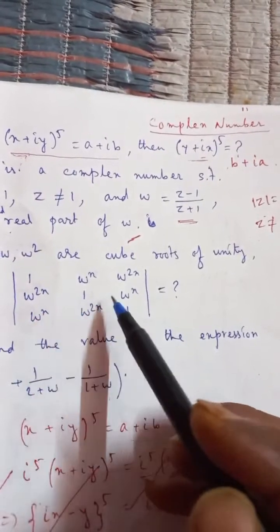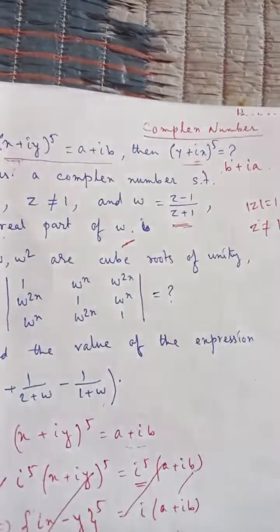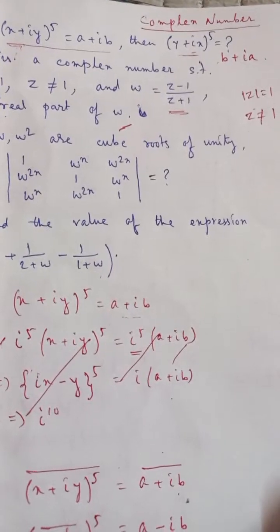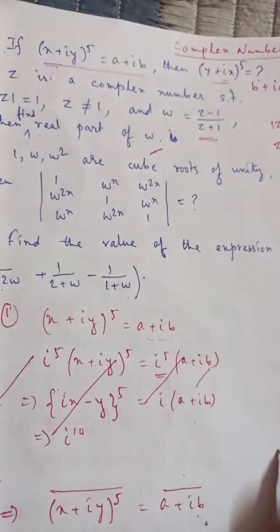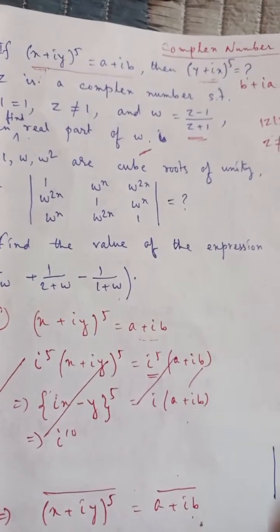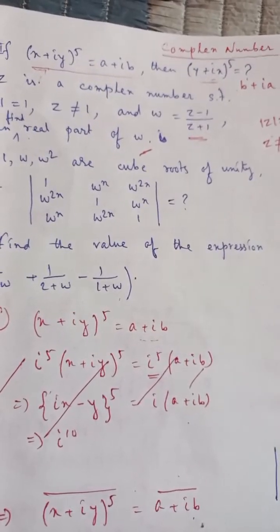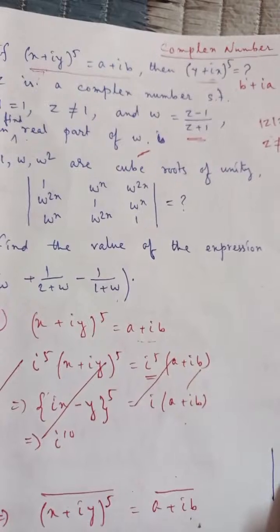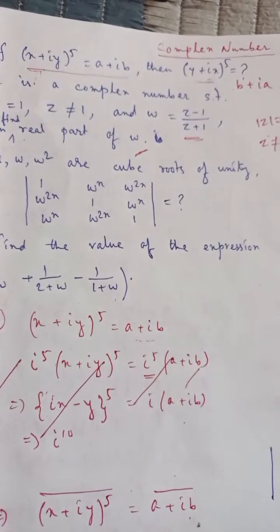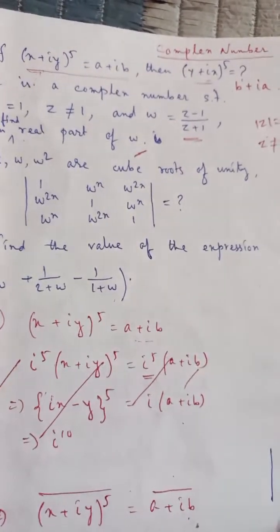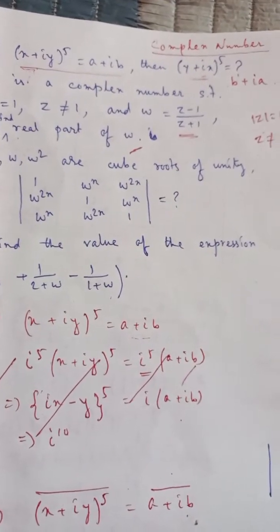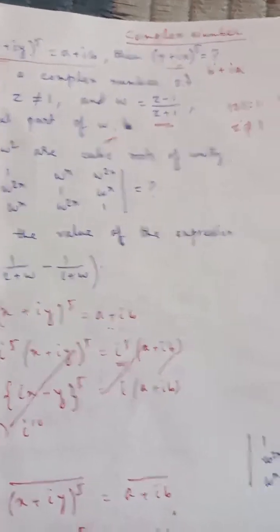So we have to solve this. Let's take the question: 1, omega to the power n, omega to the power 2n; omega to the power 2n, 1, omega to the power n; omega to the power n, omega to the power n, 1.